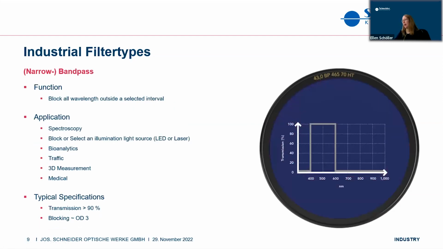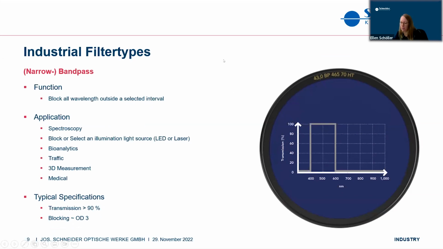And then we will have a look into what happens when you combine a short pass and a long pass filter. We call it then a band pass filter, which means we have a blocking part on the left and we have a blocking part on the right, and in between these two blocking parts there's a transmission part, a wavelength interval where the light can pass the filter.